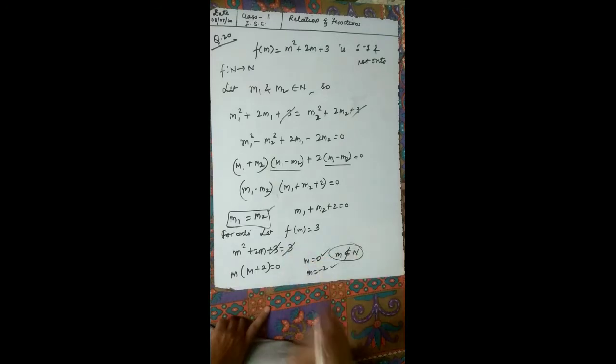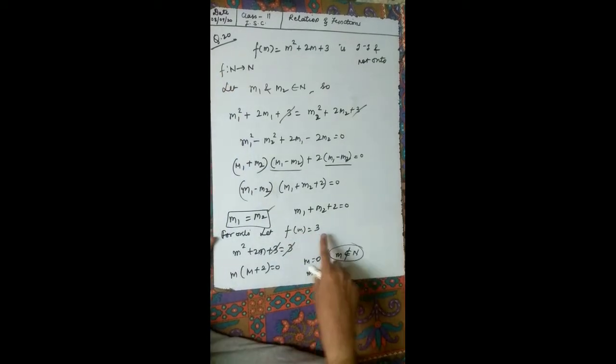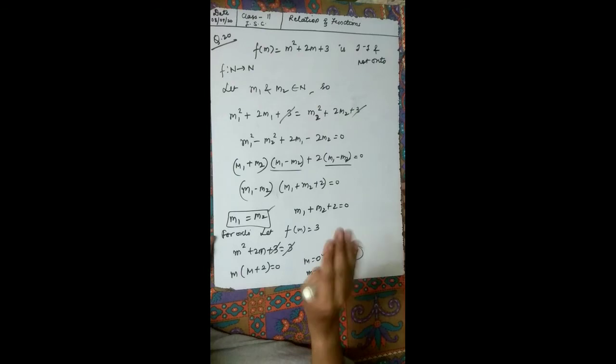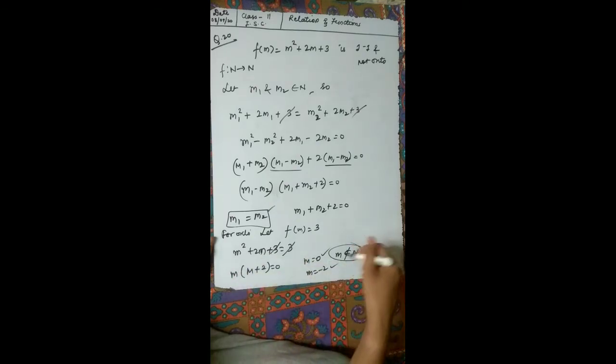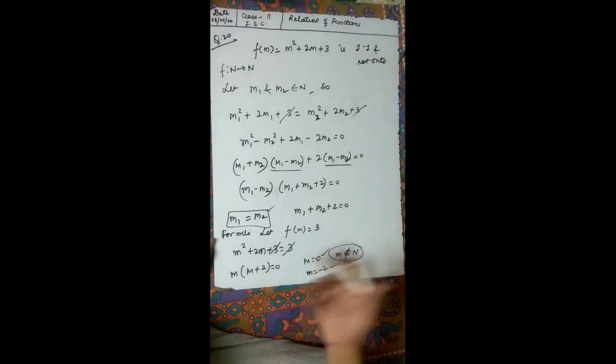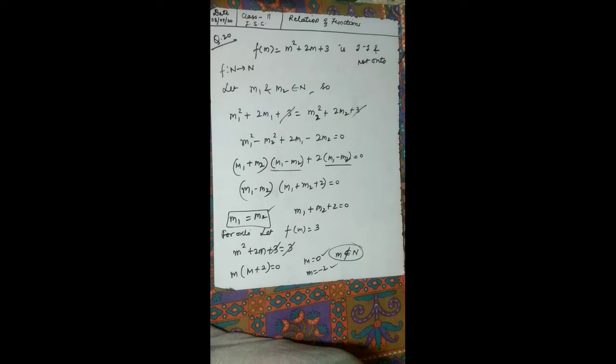You can check by putting 1, 2, you will get some answer there. But if you put 3 directly, this 3 and 3 cancel and we can easily show like this. Okay, so here m does not belong to the natural number, so it is not an onto function. So like this you have to do. Okay, so I hope you'll do these questions.